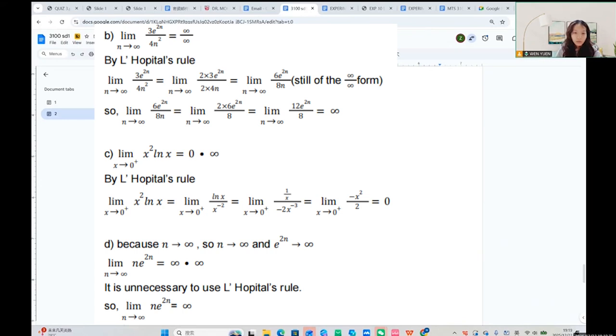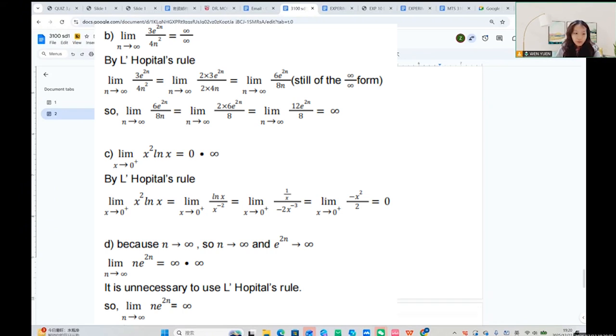So we can apply L'Hopital's rule. After differentiation, we get 1 over s divided by negative 2 s to the power of negative 3, which simplifies to negative s squared over 2. As s approaches 0, this approaches 0, so the answer is 0.